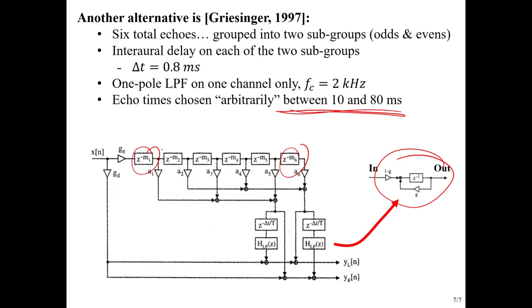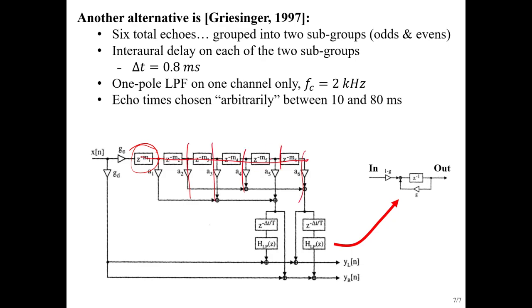That's the actual delays at these positions would be chosen arbitrarily between 10 and 80 milliseconds. So maybe you'd pick this as 10, and then the full range here would be 80, and then you'd pick these other ones to give you other values between 10 and 80 milliseconds.